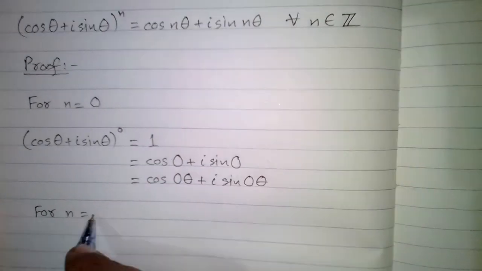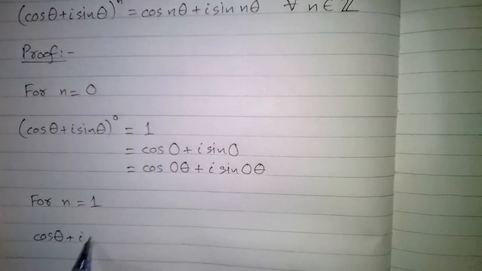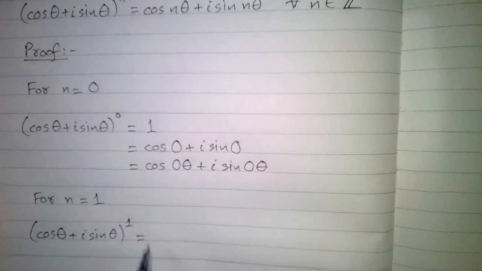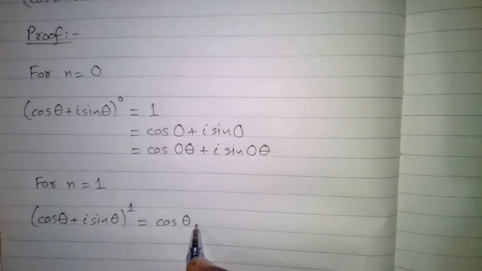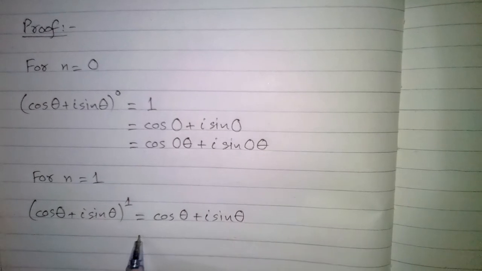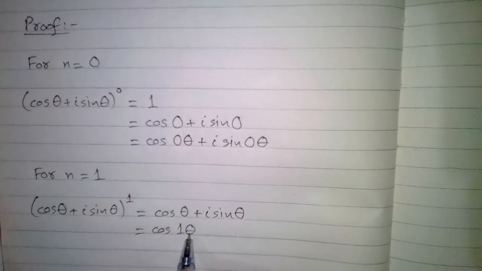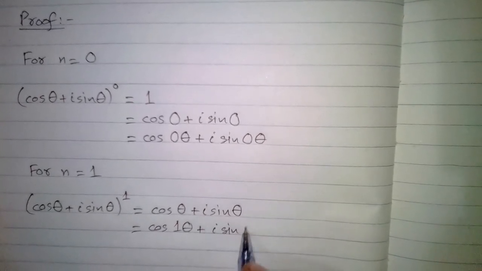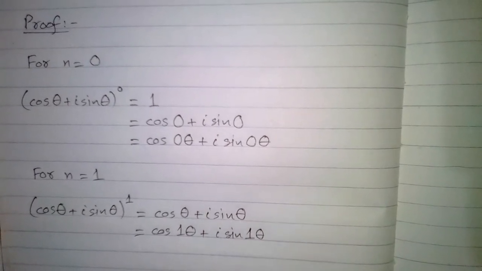So we can take n is equal to 1. So (cos theta plus iota sin theta) raised to the power 1. Anything raised to the power 1 is equal to itself, so we have cos theta plus iota sin theta, or we can write this cos theta as cos 1 times theta, because 1 times theta is theta, and iota sin theta can be written as sin of 1 theta, because 1 theta is equal to theta.